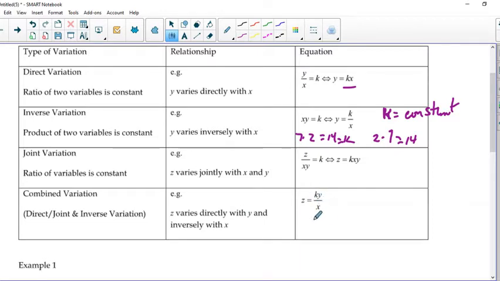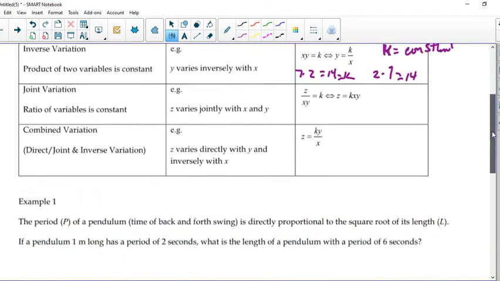You could multiply them back together: x times z equals k, to make it look like either of those inverse equations. Direct, inverse, joint, combined. Those are our choices. You've got to memorize those equation starting points, and always have a k for constant.